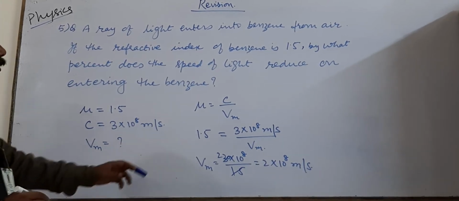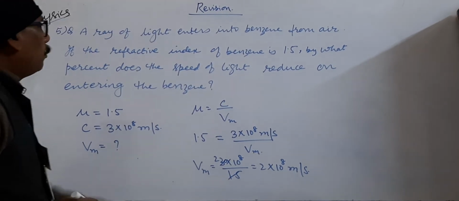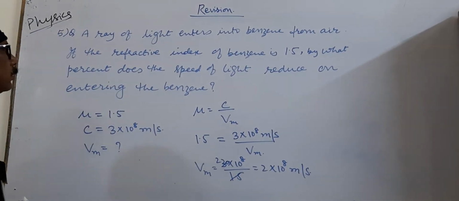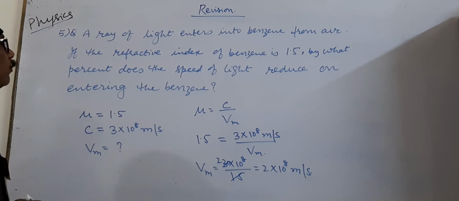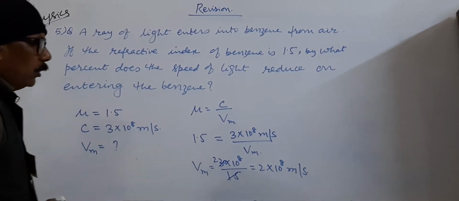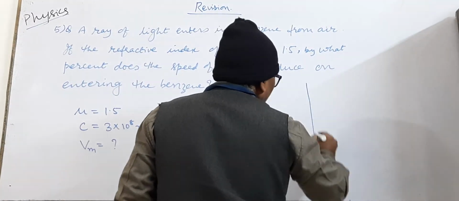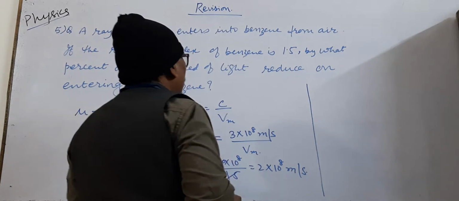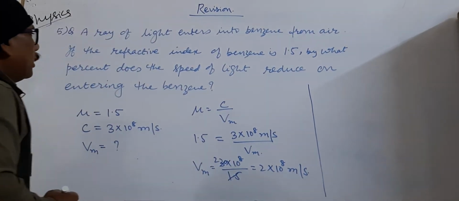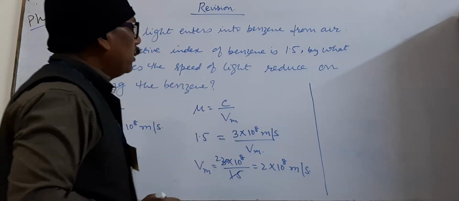But here your answer is not completed. The question asked, by what percent does the speed of light reduce on entering the benzene? Then what you have to do? You have to find out the percentage of reduction in speed of light when it enters from air to benzene.